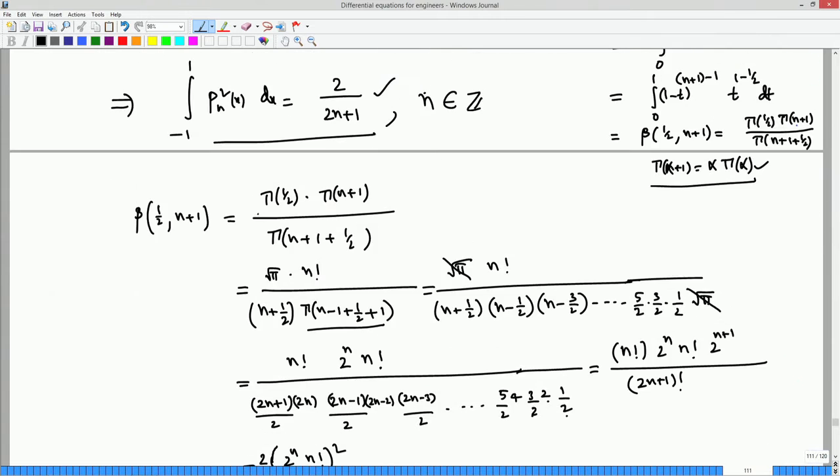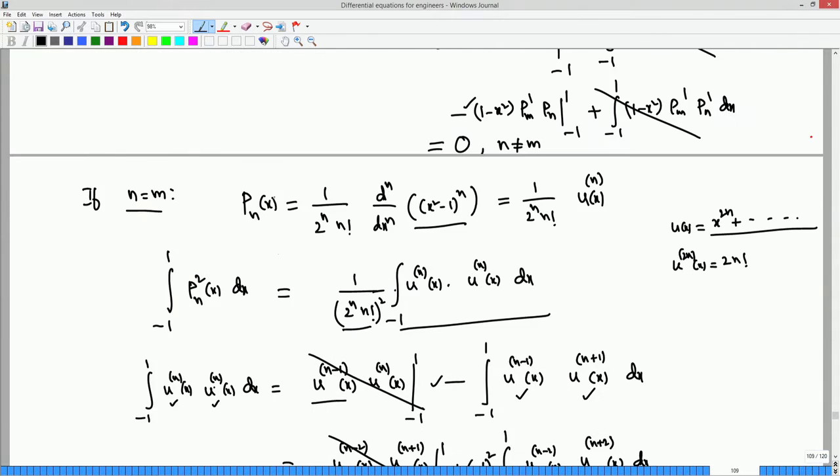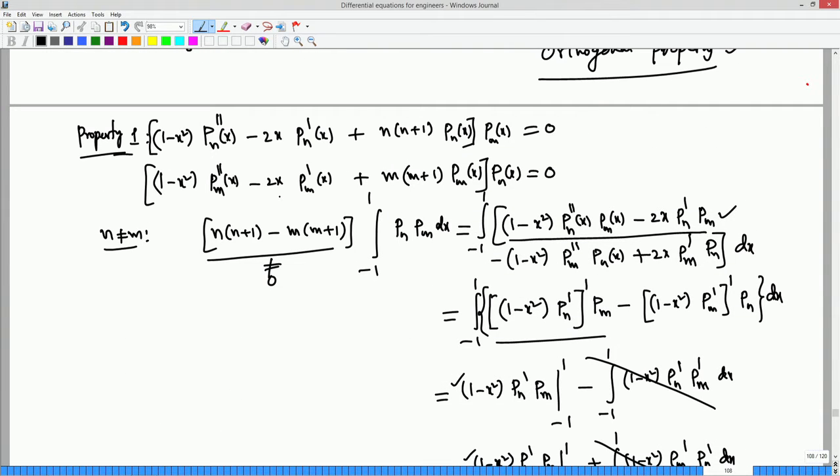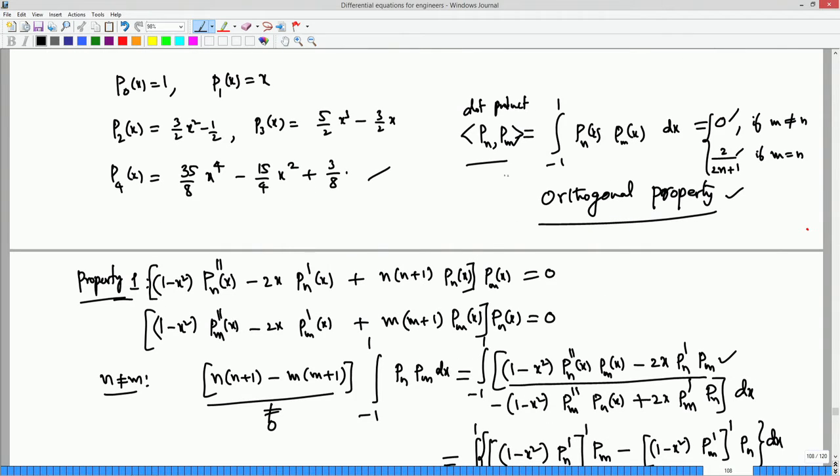We have seen one property, that the Pn's are orthogonal. So Pn and Pm satisfy the orthogonal property. That is property 1.